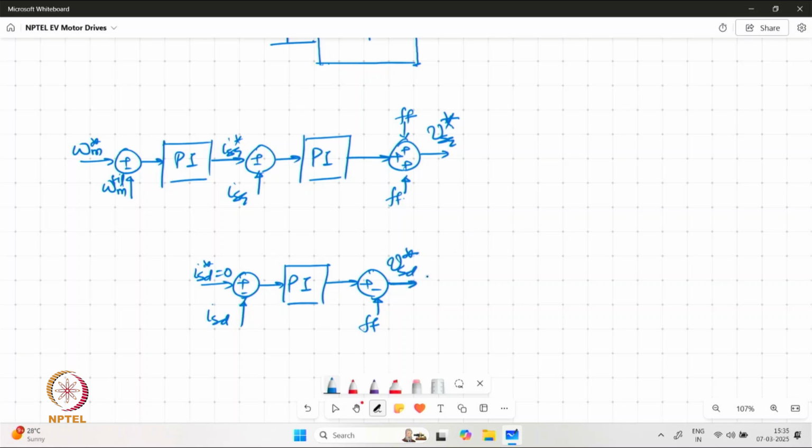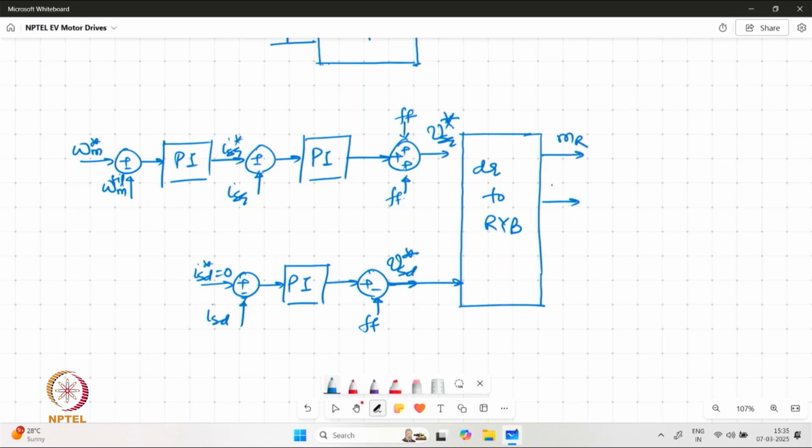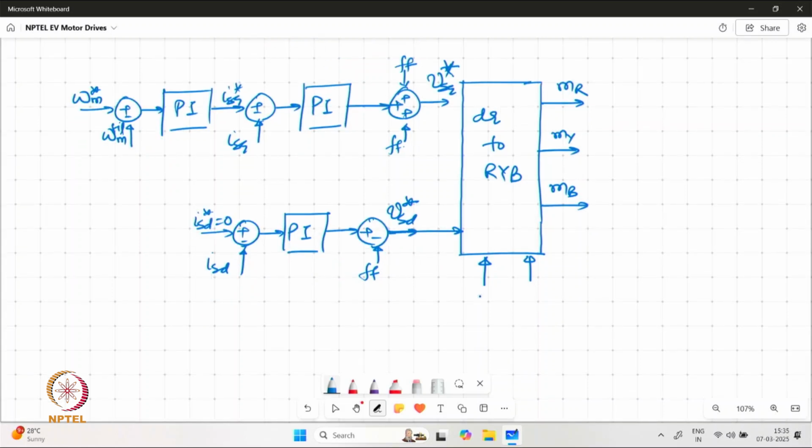Now, because we have PWM techniques which involve sinusoidal modulating signals, this VSD and VSQ have to be transformed to sinusoidal quantities, which are actually our modulating signals, and this transformation needs the unit vectors sin rho and cos rho.